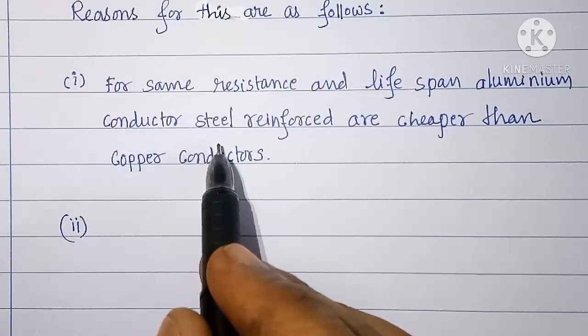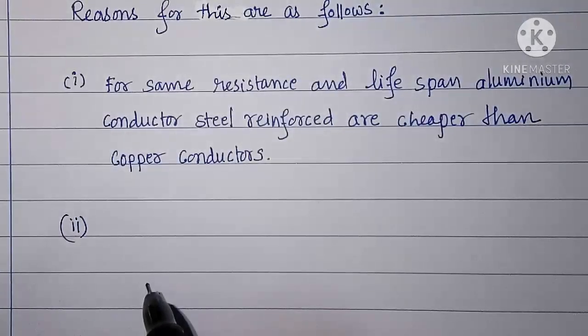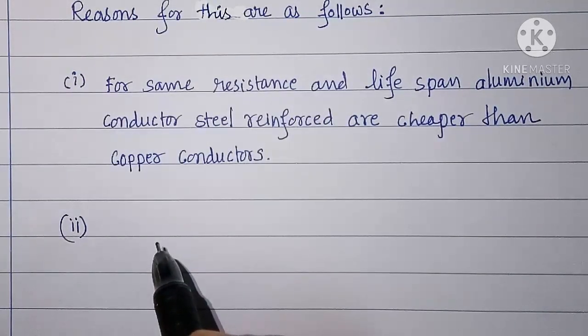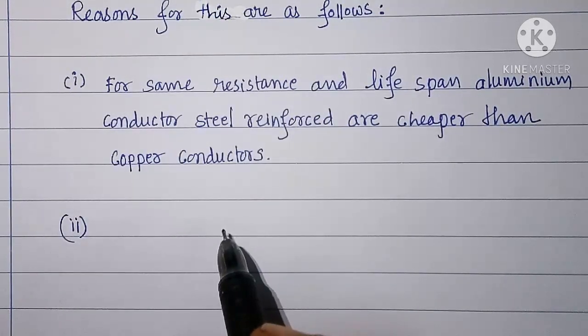When we reinforce the steel in aluminum conductors, the mechanical strength becomes very high, that is higher than copper conductor. Therefore, we can increase the distance between two supporting structures, that is, we can increase the span of conductors.